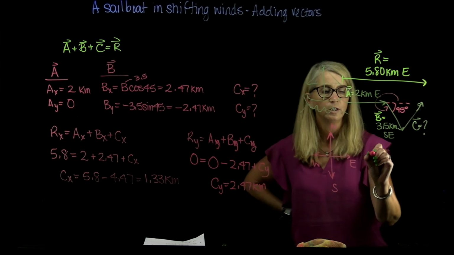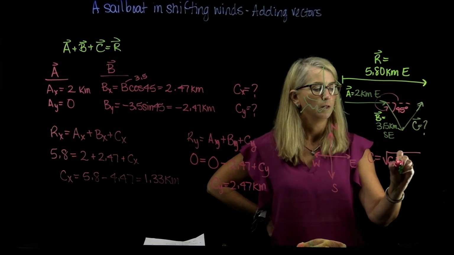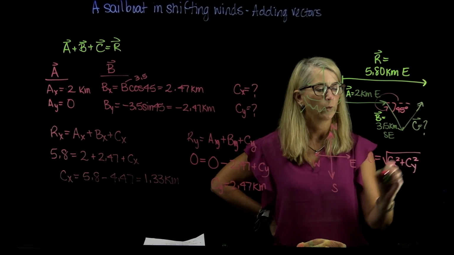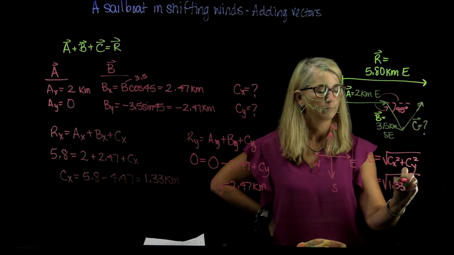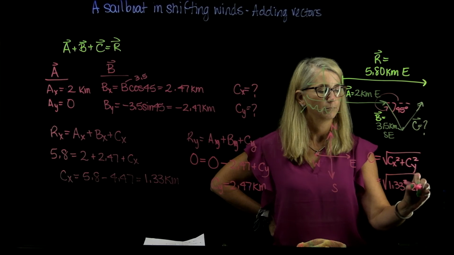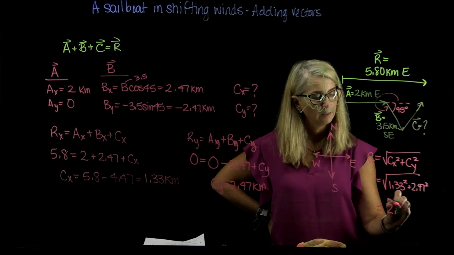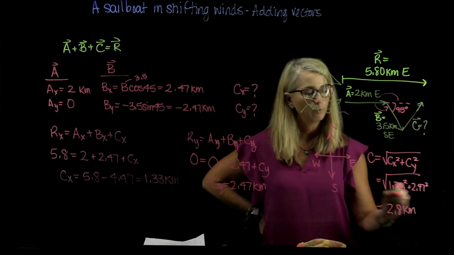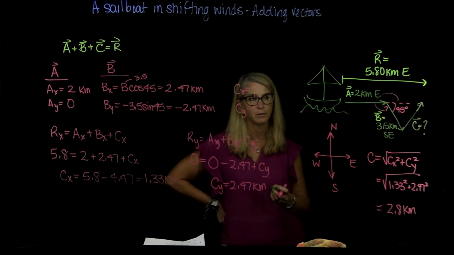I can now use the Pythagorean theorem to find the magnitude of C by taking those two components, squaring them, and taking the square root of them. And I get a magnitude of 2.8 kilometers. So vector C has a length of 2.8 kilometers.